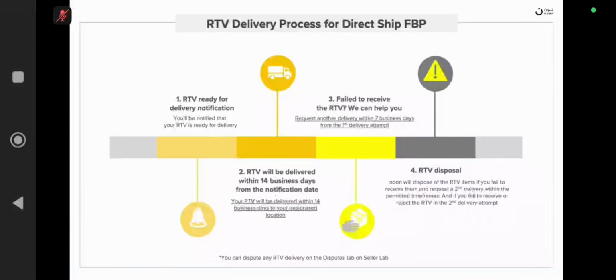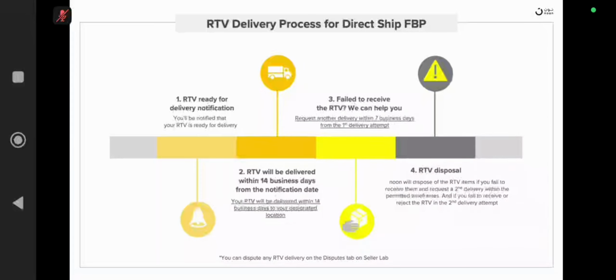Let's discuss how the RTV works if your preference is to get the item delivered to your warehouse. Once the RTV is ready for delivery, you will be notified over email. We will then attempt the delivery of the RTV to your designated location within 14 days of the date of notification.